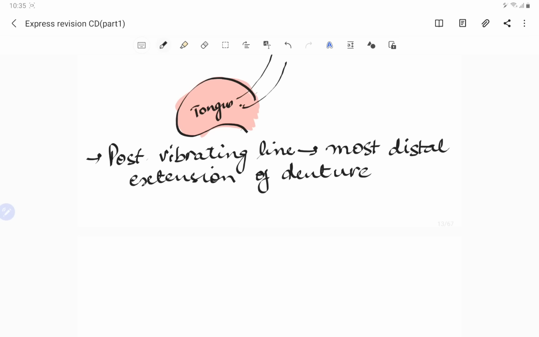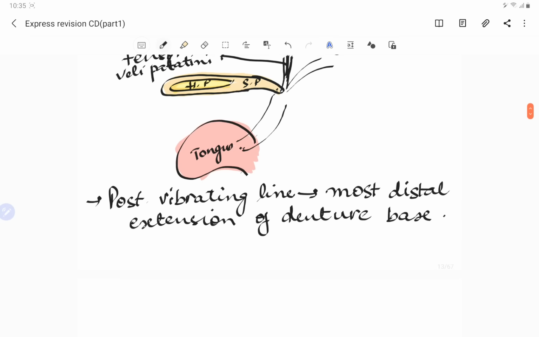So if the question is asked, what marks the most distal extension of the denture base? Anterior PPS is given, anterior vibrating line is given, posterior vibrating line is given. So you have to mark the posterior vibrating line as it marks the most distal extension of the denture base.